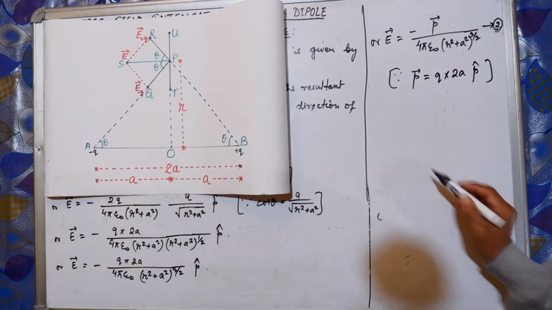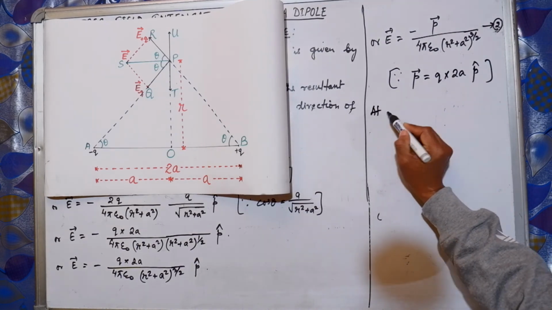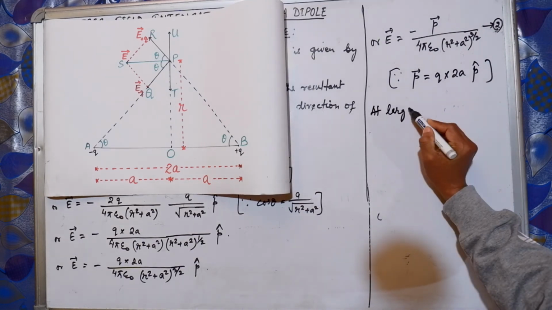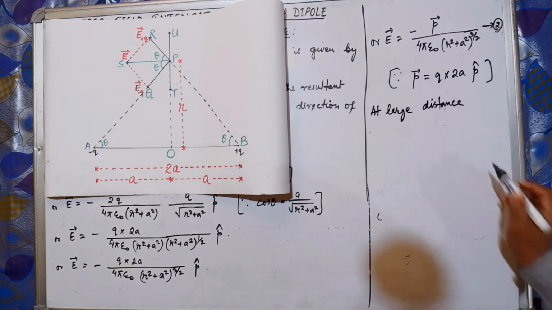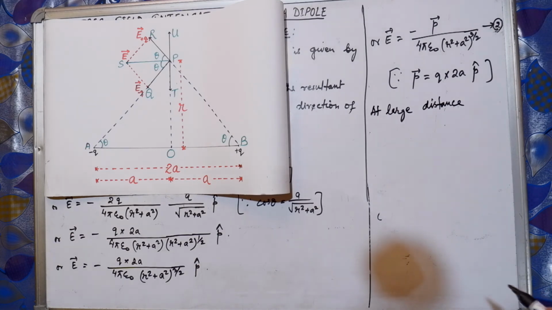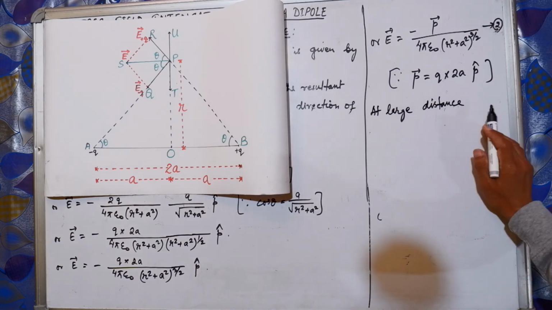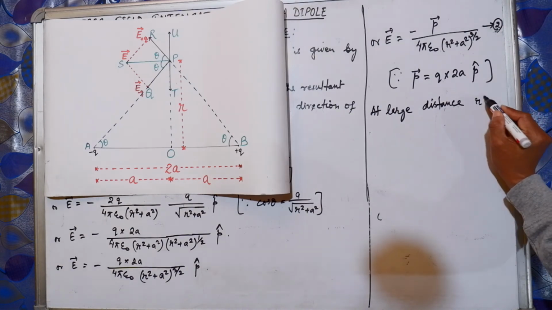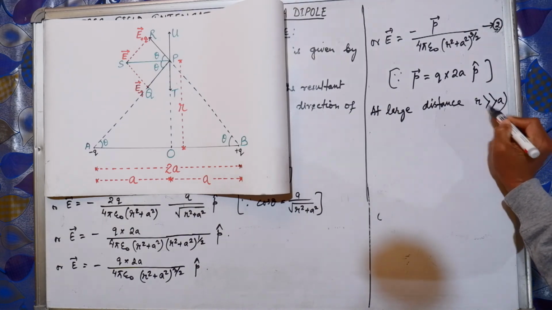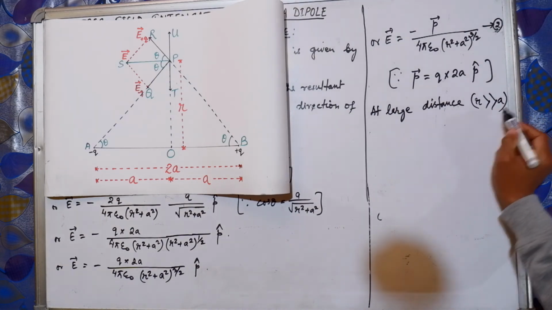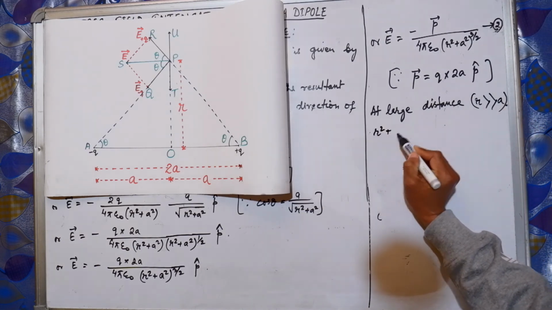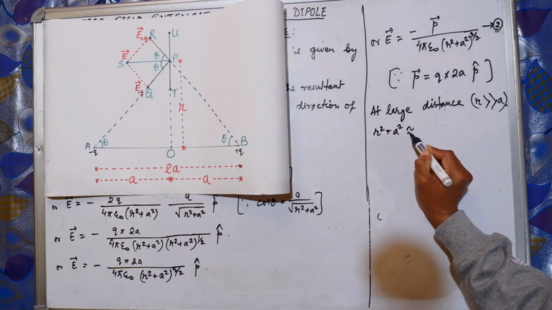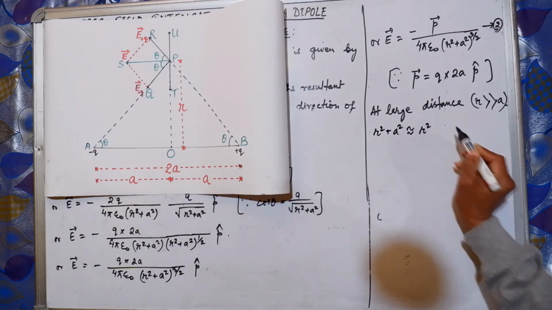Now at large distance, since the size of the dipole is very small, 2A is very small, so at large distance we can write that R is much greater than A. Then R square plus A square will be approximately equal to R square.